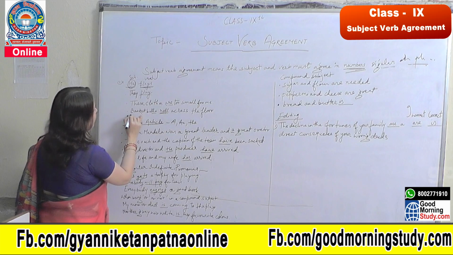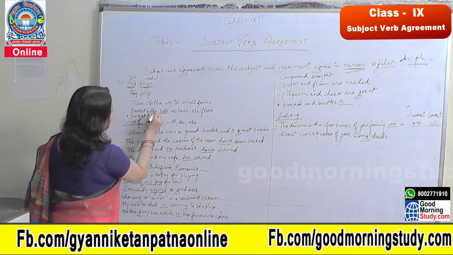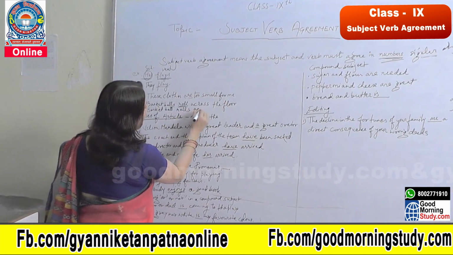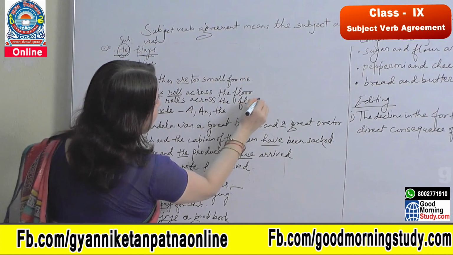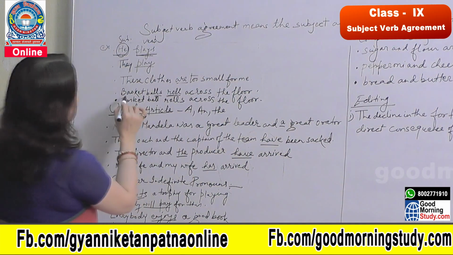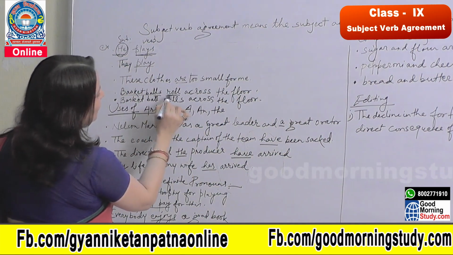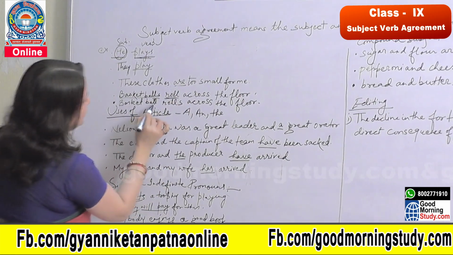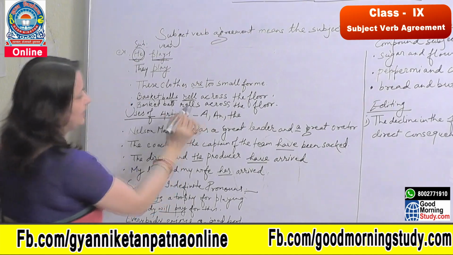If we make it basketball, not balls, then it will be rolls across the floor. It means we have to check if the subject is singular or plural, and the verb agreement will follow accordingly.